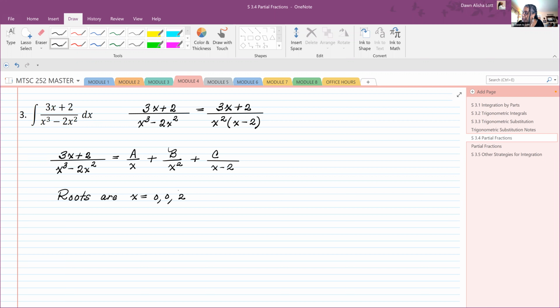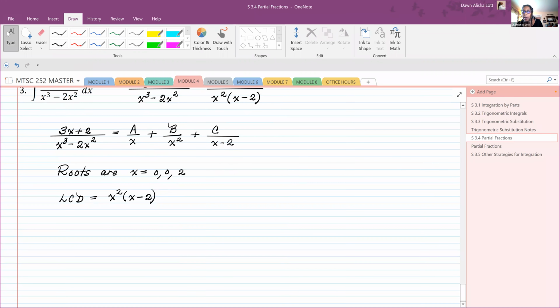Let's find the major equation. When I multiply the left-hand side by the least common denominator, that is x squared times x minus 2. I'm only going to write it out this last time.